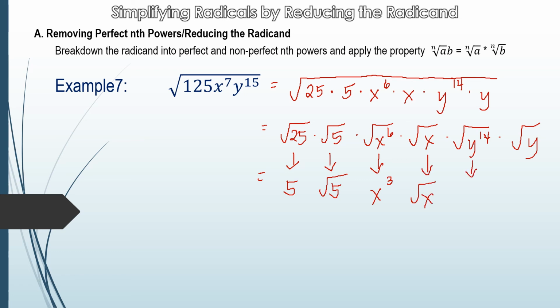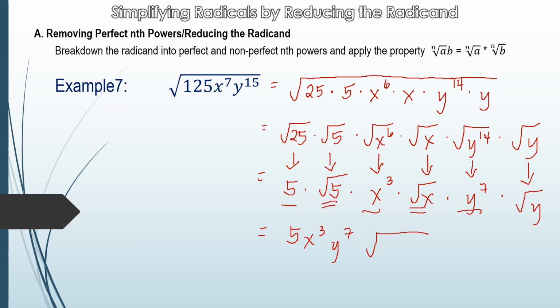The square root of y to the 14th power is y raised to the 7th power. And then bring down the square root of y. Therefore, we have 5x cubed y raised to the 7th power times the square root of 5xy.